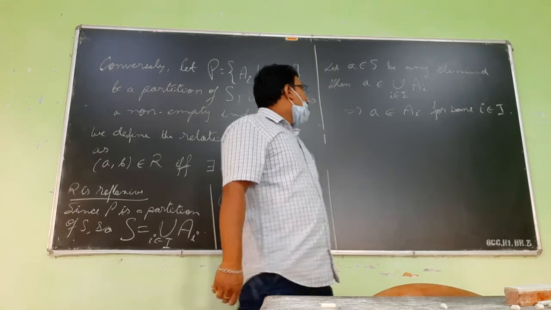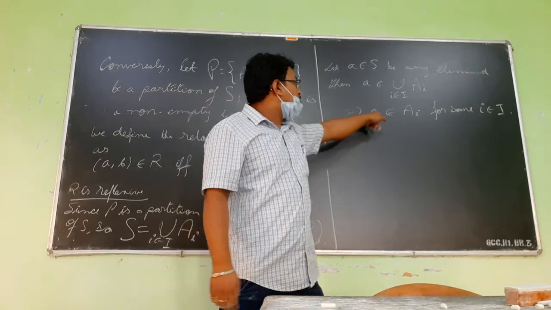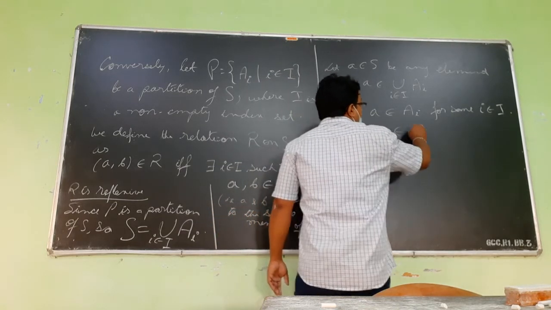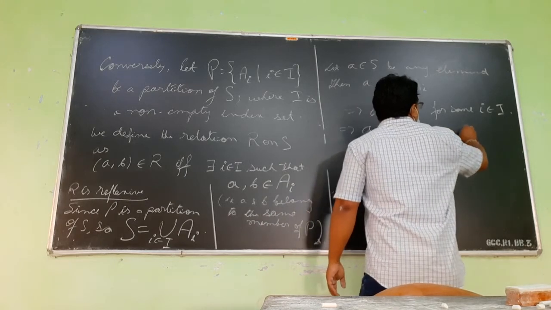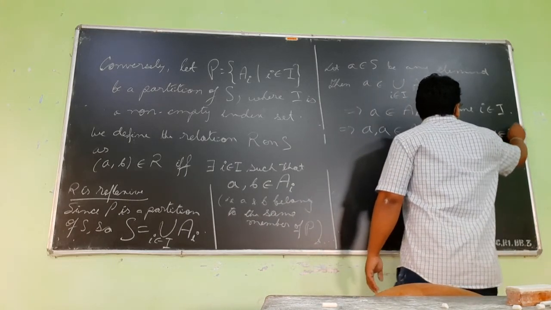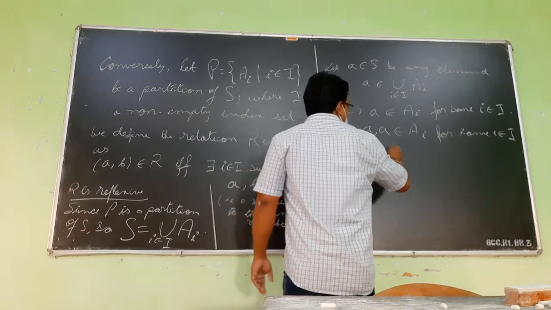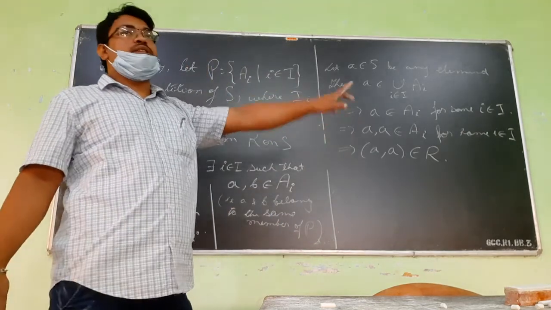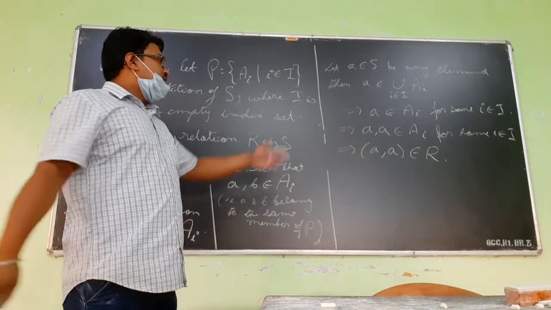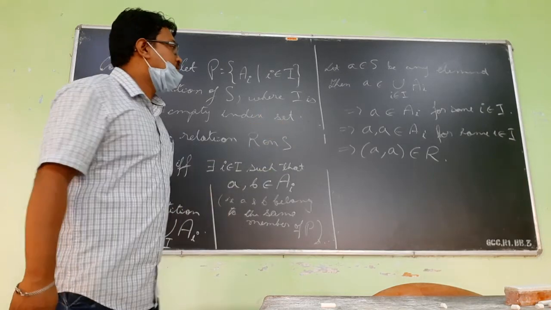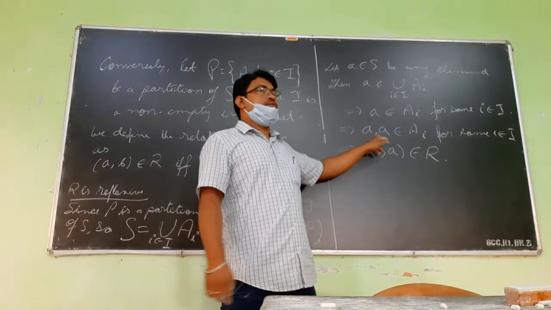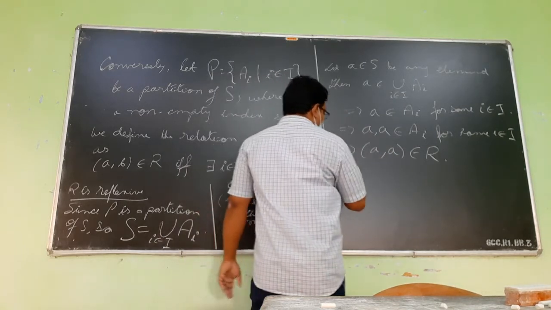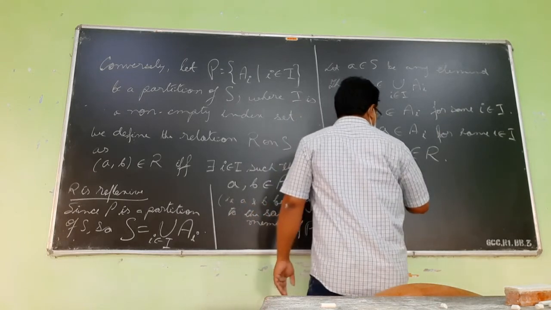So from here I can write A belongs to A_I for some I. That is, (A, A) belongs to A_I for some I, and this means that (A, A) belongs to R. A and A belong to the same set. It's just like saying the same thing twice. So it's obviously reflexive. (A, A) belongs to R. Therefore R is reflexive.